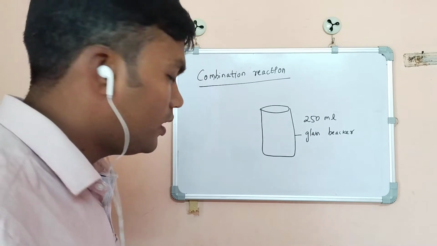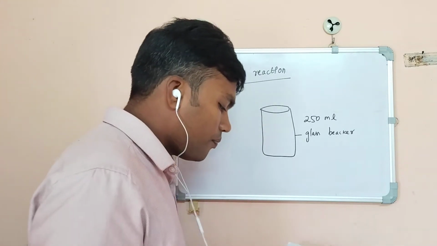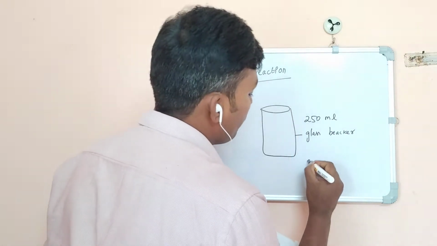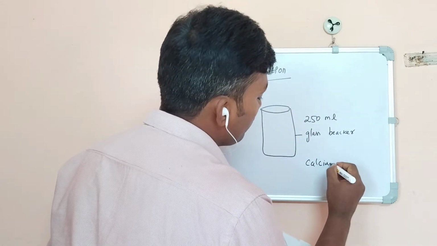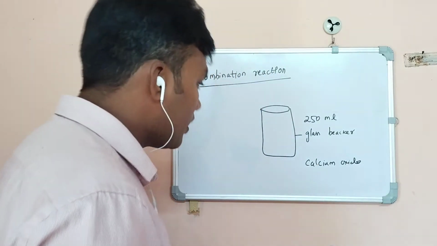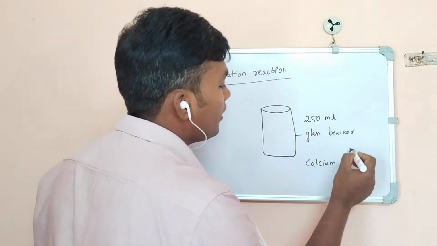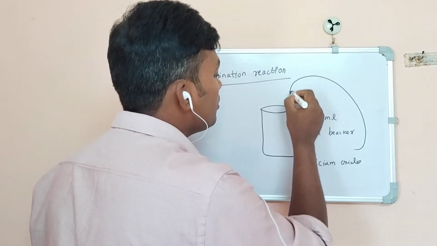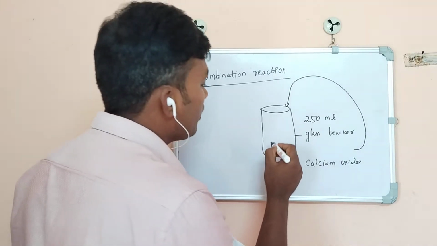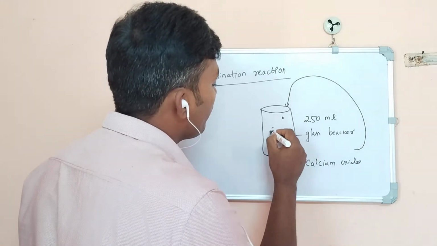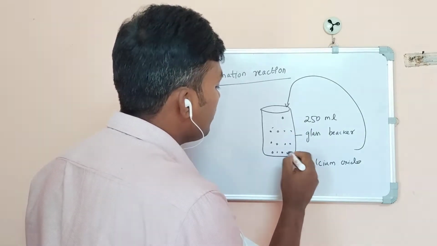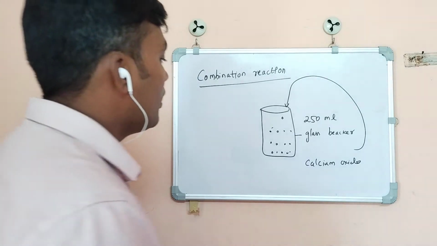Take a little amount of calcium oxide and pour it into the beaker.